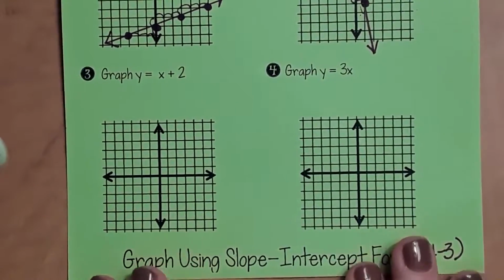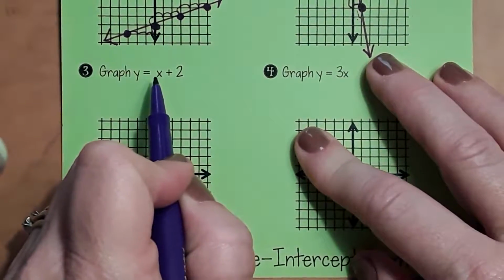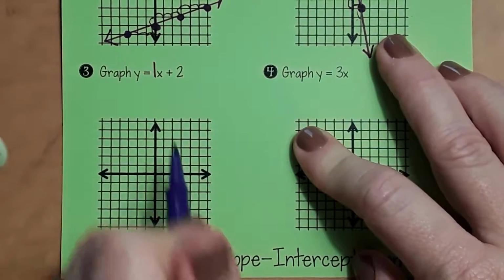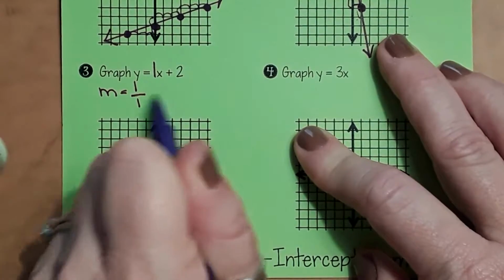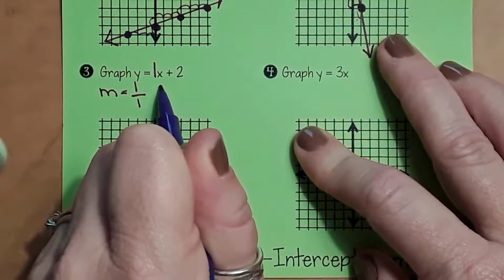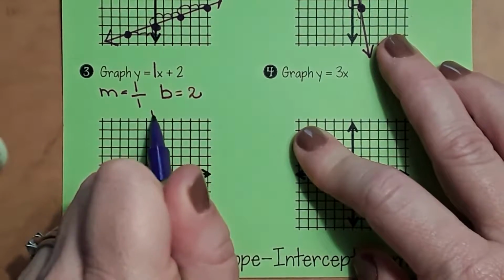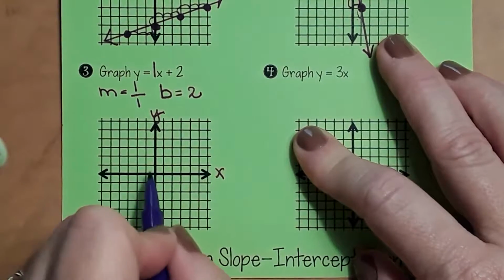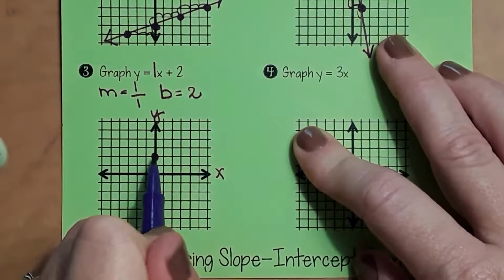Let's look at number 3 and number 4. With number 3, because there's no number in front of the x, it's automatically assumed that it is a 1. You can place a 1 there. So my m is 1 over 1, a rise of 1, and a run of 1, and my b is a +2. Label x and y axis. Starting at 2, I'm going to go up 1, 2.